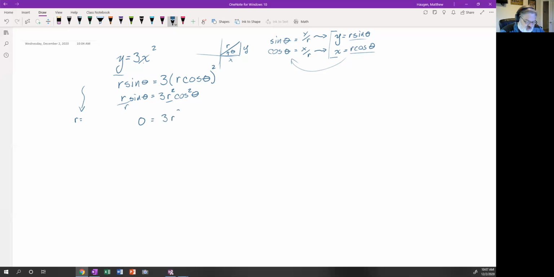And we have 3r squared cosine squared theta minus r sine theta, if you want to do it that way. And then if we want to solve for r, we've got 0 equals r times 3r cosine squared theta minus sine theta. So r equals 0.